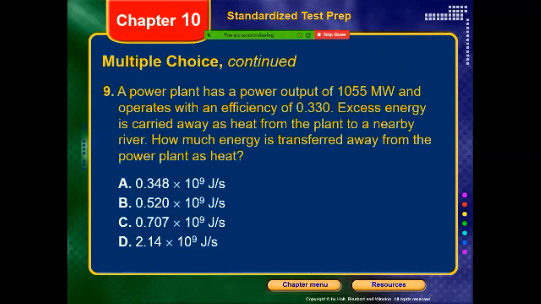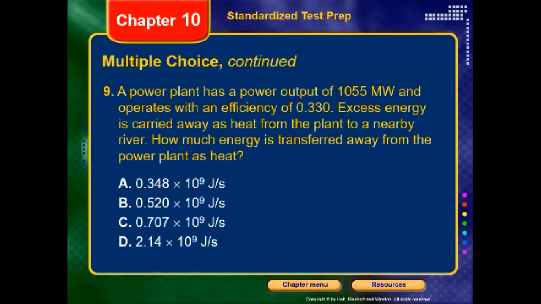A power plant has a power output of 1055 million watts, operating with an efficiency of 0.330.